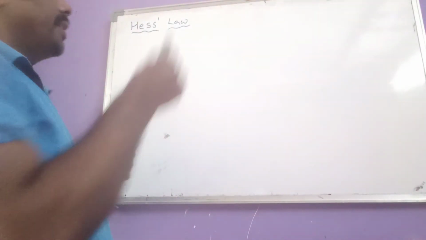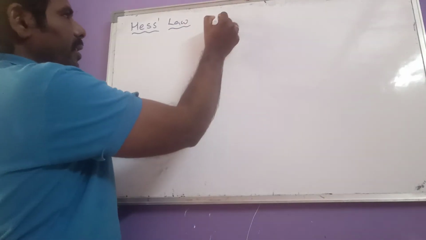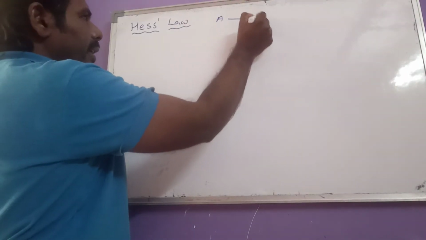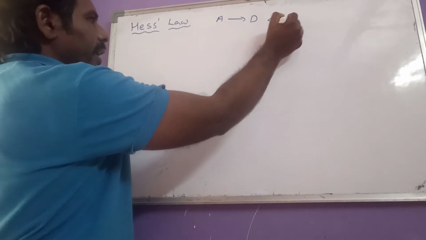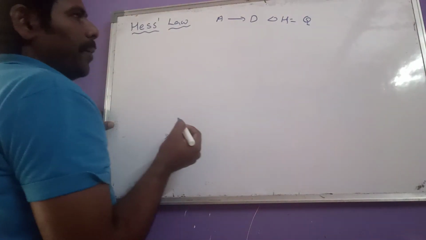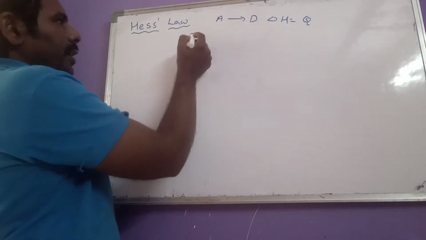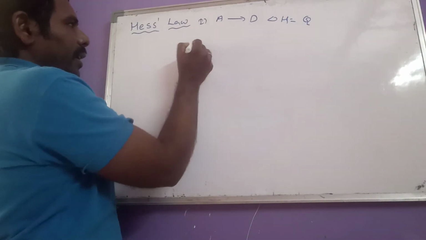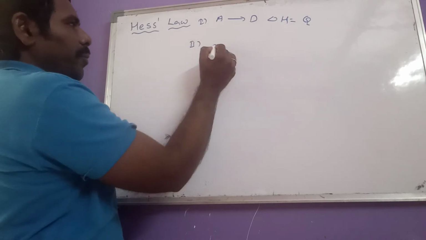So now here let us see that representation. A gives D in a single step. This reaction has been taken place. Let us consider delta H value capital Q. And otherwise, the reaction may take place in multiple steps.